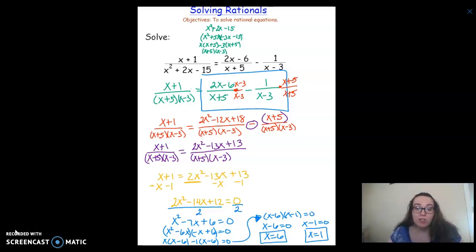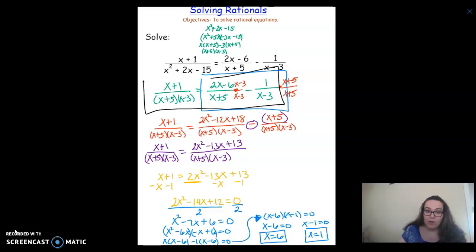Now, something I forgot to do up at the beginning that I will be better on my next problems here, but I can go back and look at it now, is x can't be some value. So if I look back here, where I had everything factored, what can x not be? Well, I have an x plus 5, so x cannot equal negative 5.